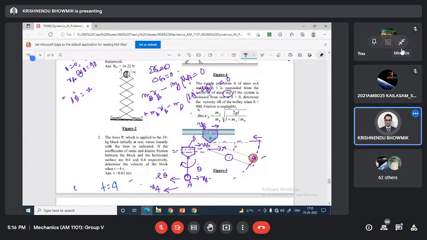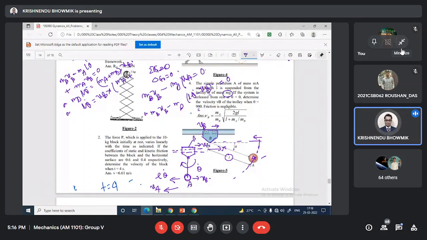Without skipping steps, let's try here. It is MB VB minus MA L theta dot plus MA VB equal to 0, or MA L theta dot equal to MA plus MB multiplied by VB, or L theta dot equal to VB multiplied by MA plus MB by MA.